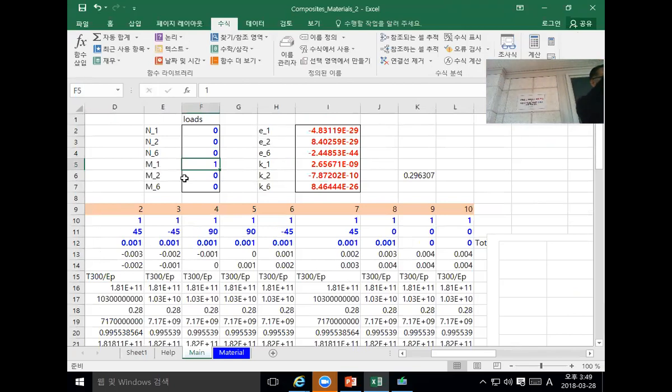We apply this moment, M1 equal 1, right? This is the only load we apply, but curvature-wise, we have two curvatures, which means that this way we have a curvature, and K2 is minus. What is the minus? This way, but this way is this way. I like to draw.